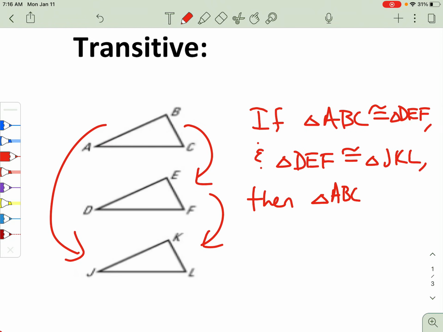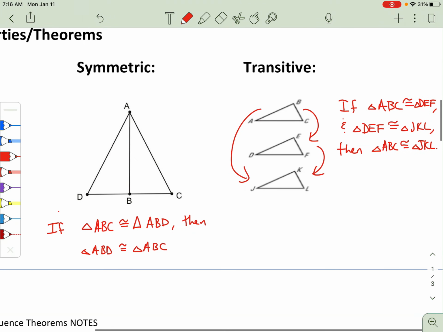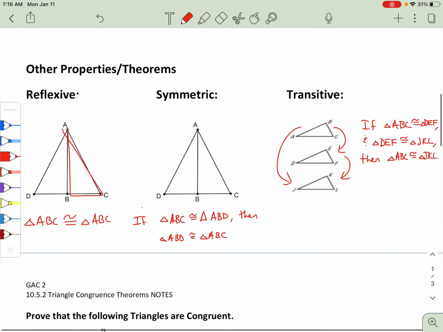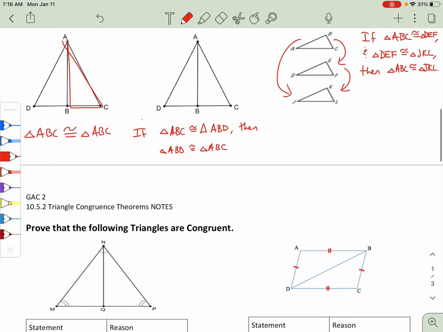So then triangle ABC must also be congruent to triangle JKL. Okay, that's how transitive property works. We've talked about that a couple times already. Okay, so there's your reflexive, symmetric, transitive, as well as all of your congruence theorems for triangles.